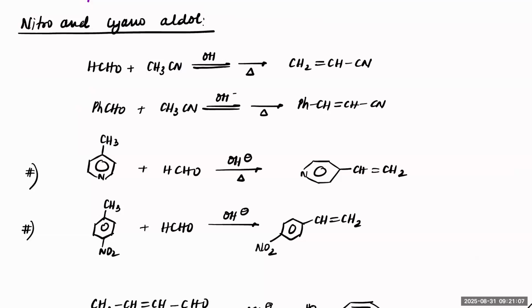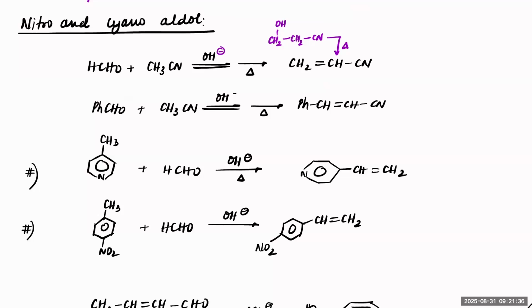OH minus will first take H plus from this carbon, creates CH2 minus, and it is that CH2 minus which will attack. Then the aldol will take place. First you will get this product as CH2OH connected with CH2CN, and that on heating is what you will get as the condensed aldol. Done.